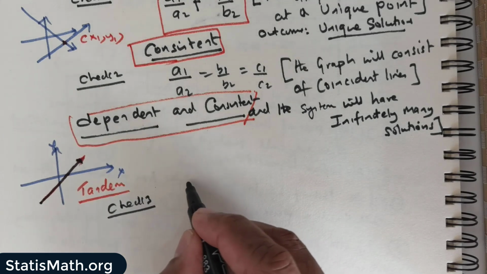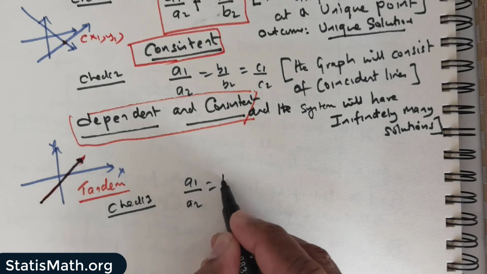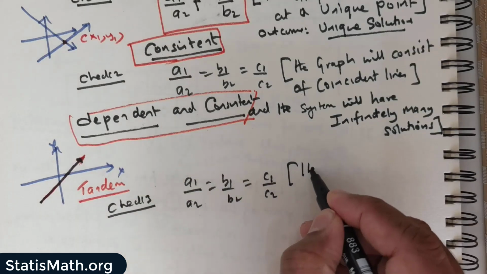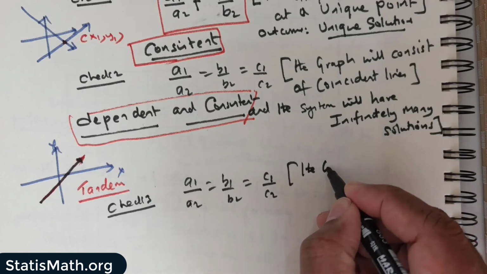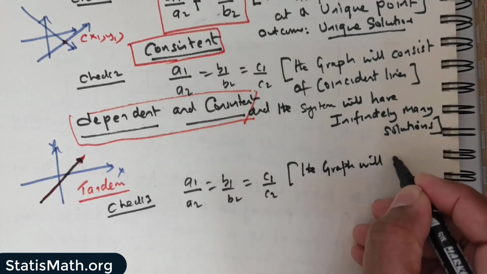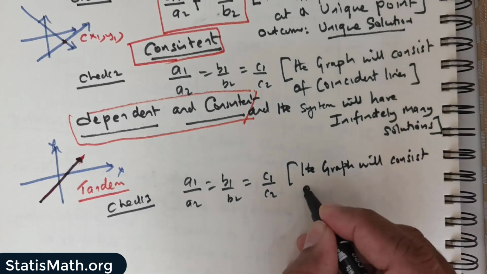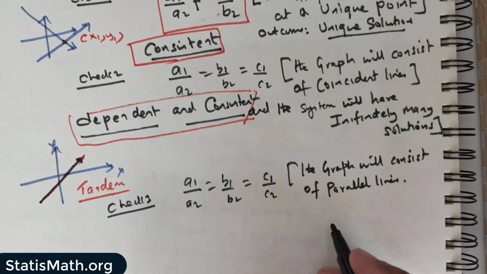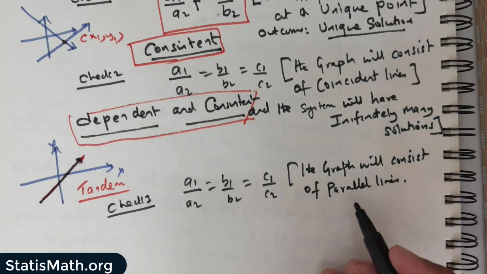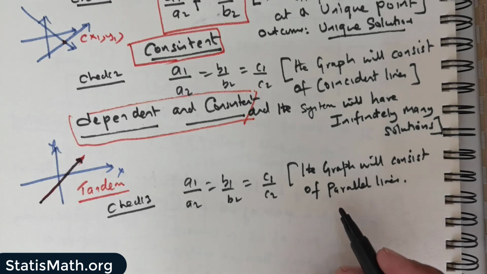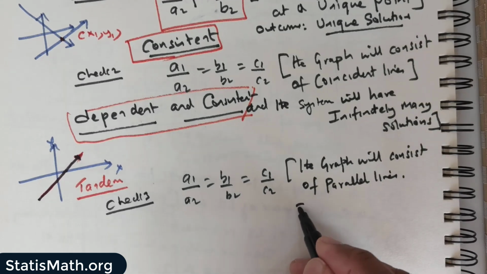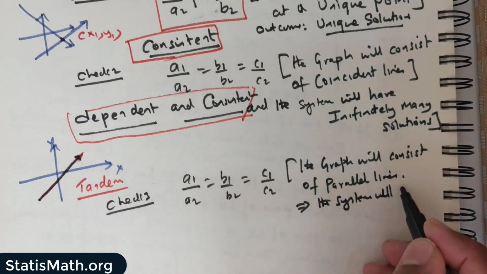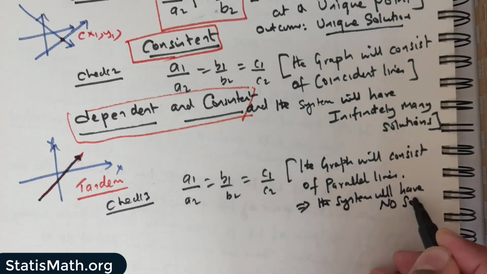Now you are getting a1 over a2 is equal to b1 over b2, but not equal to c1 over c2, then the graph will consist of parallel lines, and that would mean there isn't any intersection, and if there isn't any intersection, there would be no solution. So the system will have no solution.